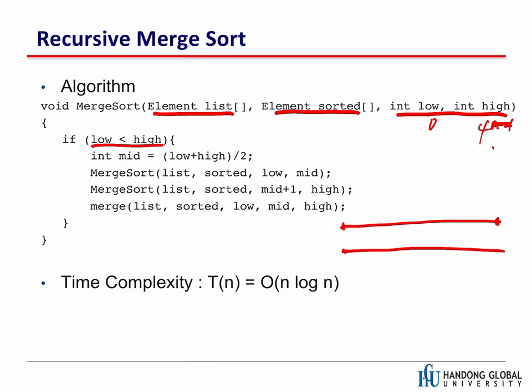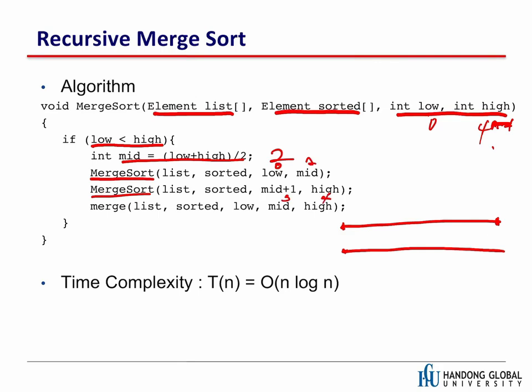That's too complicated. So we will divide this list into two sublists, and mid will be 2, right? And then recursively we call merge sort again. So at this point, low is 0 and mid is 2, and mid plus 1 is 3, and high is 4.